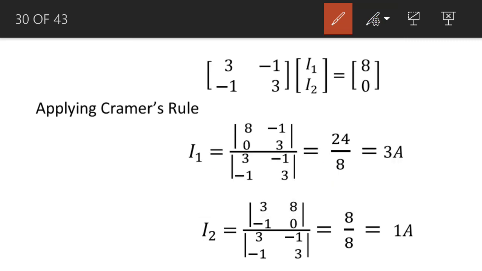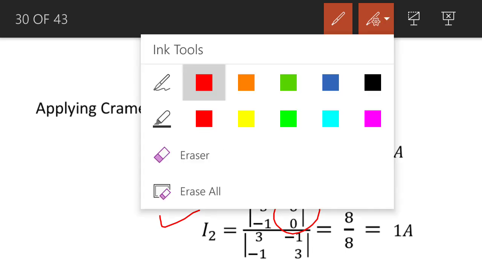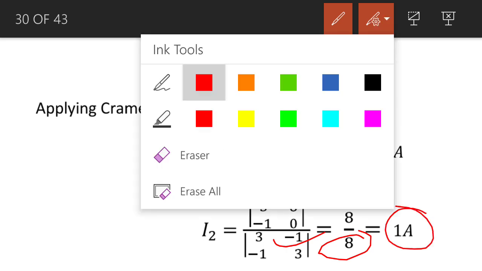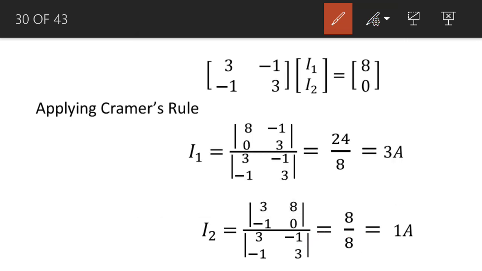We compute the current I2. For the current I2, we replace the second column of the R matrix by E1 and E2, and we divide this determinant by the determinant of the R matrix, which is 8. So the current I2 comes out to be 1 ampere. So the current I1 is 3 ampere and the current I2 is 1 ampere.